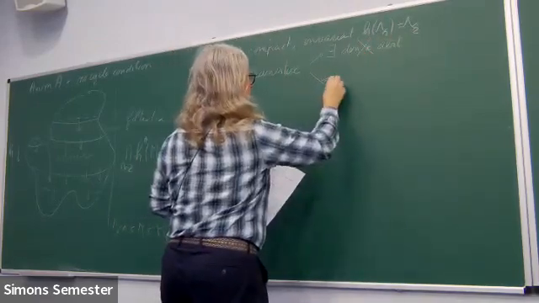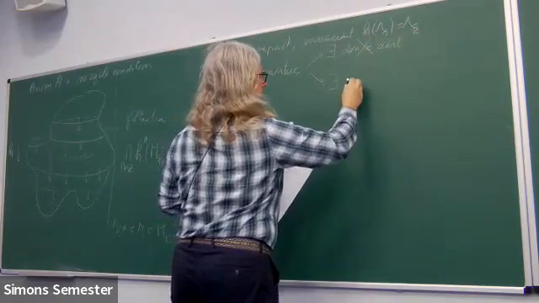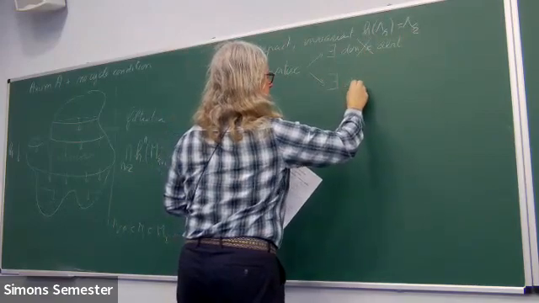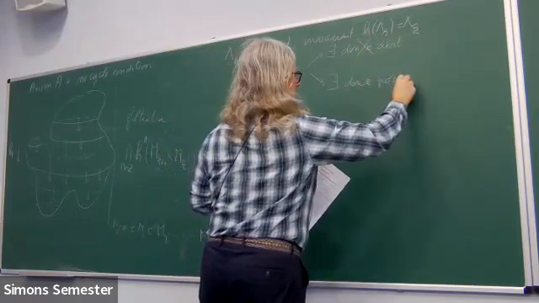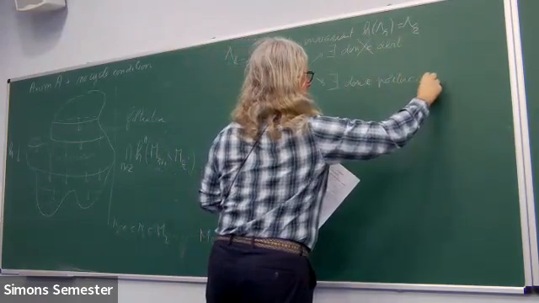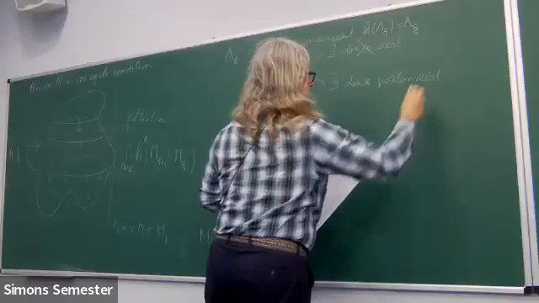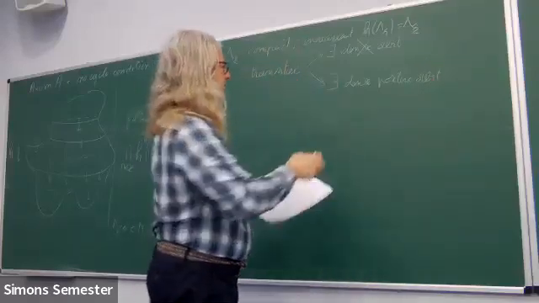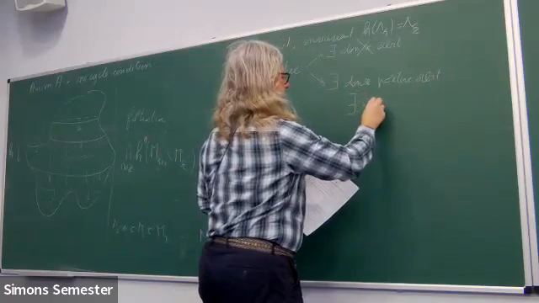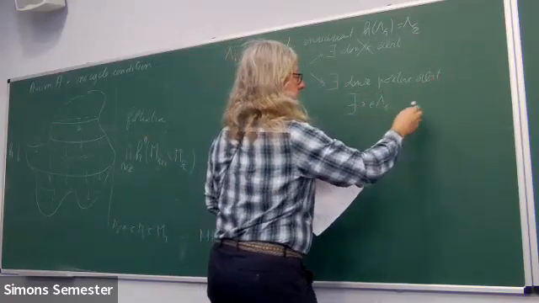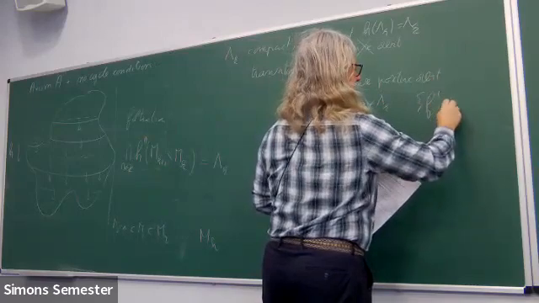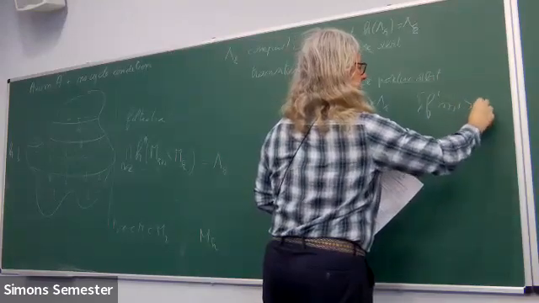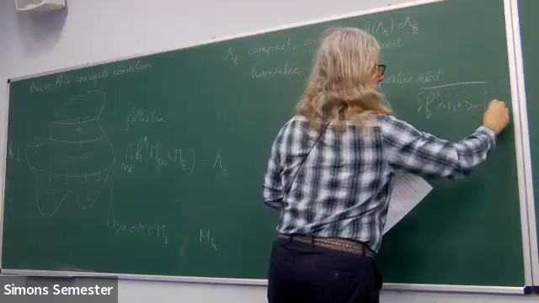I will use: there exists a dense positive orbit. Positive orbit means that there exists x in Lambda_k such that if you just consider the f^i of x, i positive, then that is equal to Lambda_k.